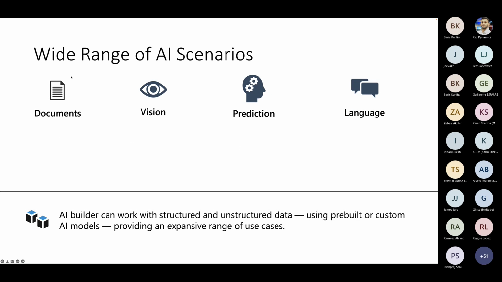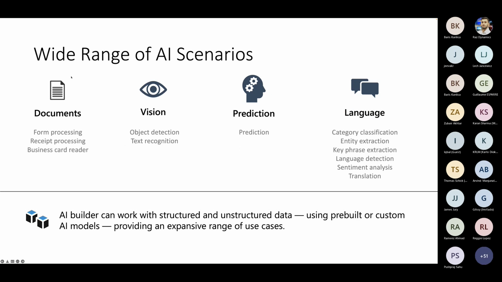Let's continue. If we go back to AI Builder after this introduction, what kind of scenarios do we have? Form processing, receipt processing, and business card readers are part of documents. We also have vision processing, prediction, and language-based operations.